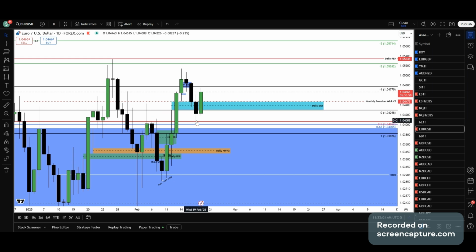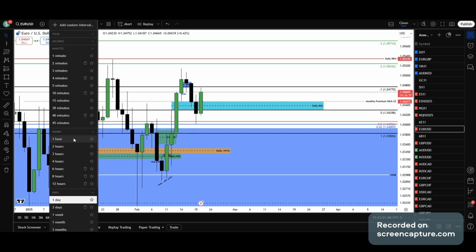So we come back down into that level, and now from here, since this is a daily key level, in order to measure a reaction to this daily premium array turned discount array, so it's an inverted PD array, I drop down to my hourly time frame.